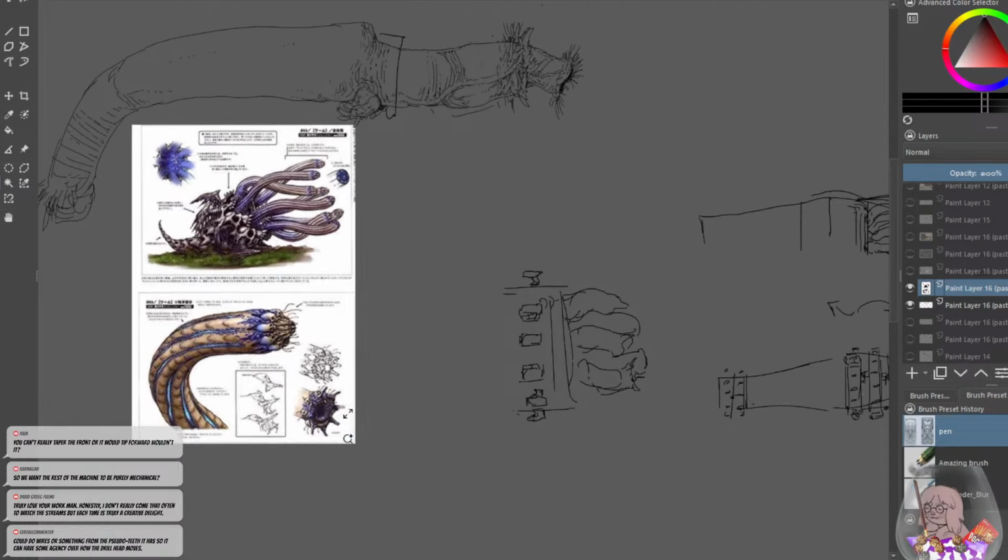I remember another image. It's by this artist.